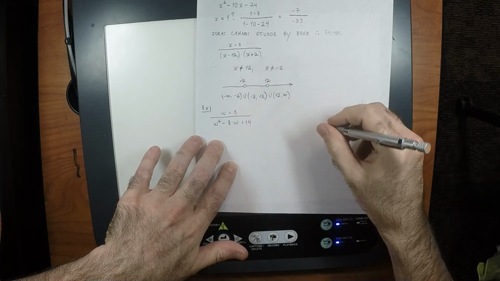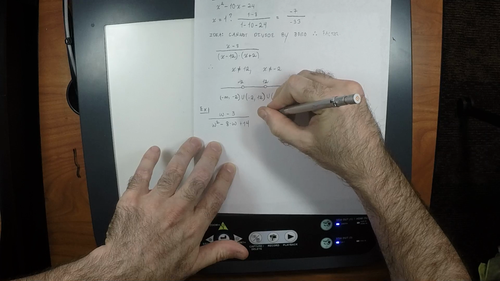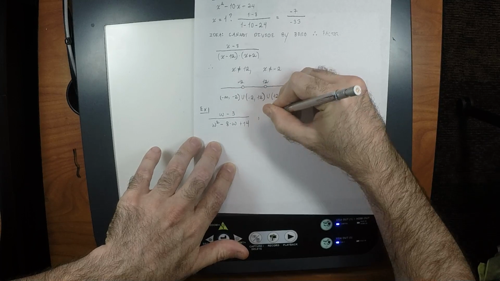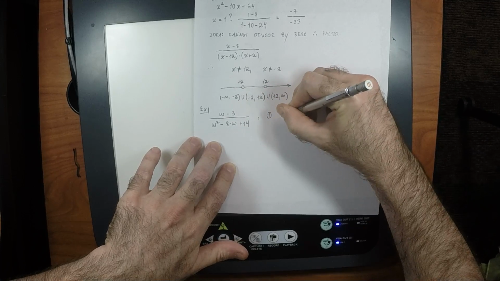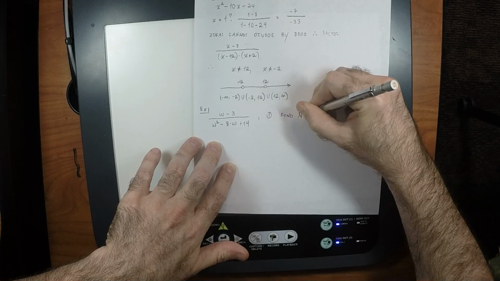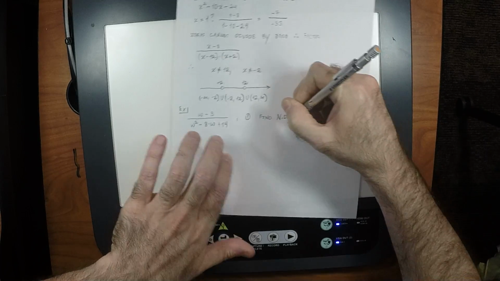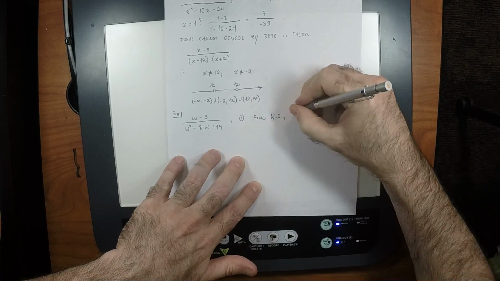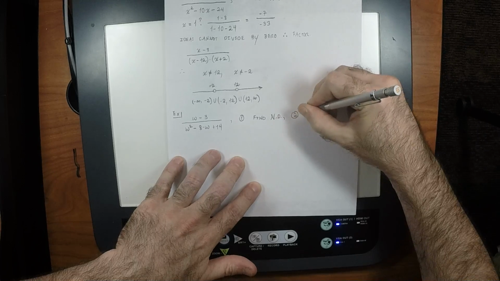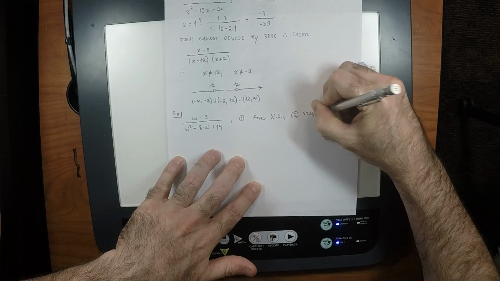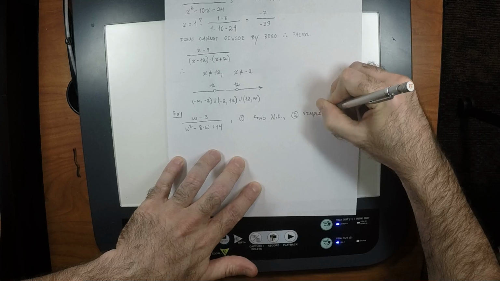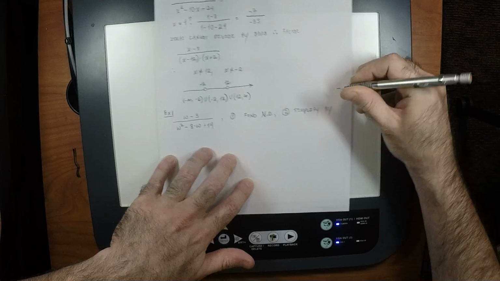There are two requests. The first is to find the natural domain, and the second is to simplify by cancellation.